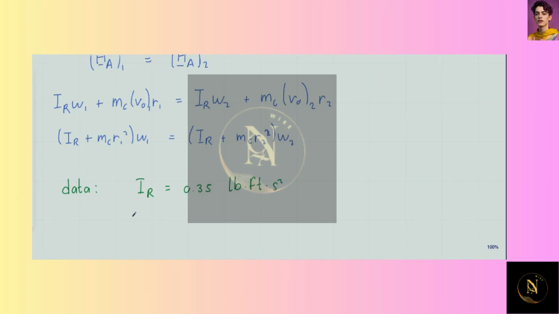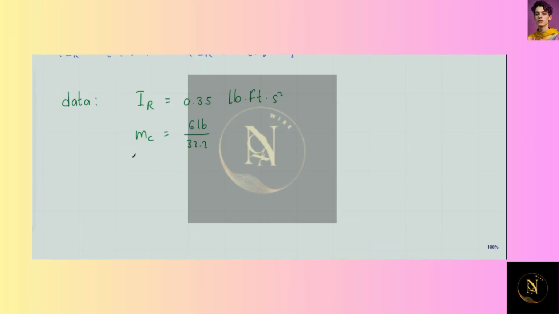The mass of collar C, MC, is equal to its weight, which is 6 pounds, over g, 32.2 feet per second squared. R1 is equal to 2 feet. R2 is equal to 7.5 over 12, and that's also in feet.